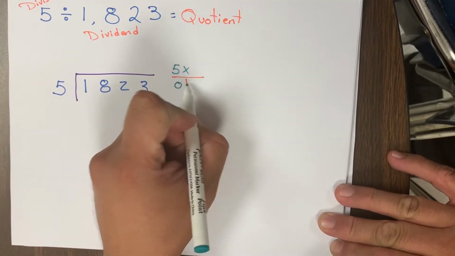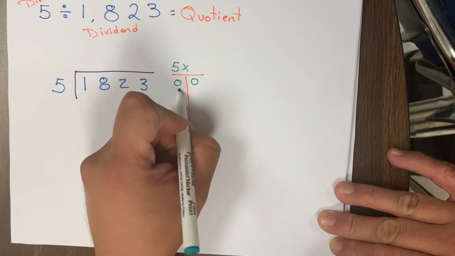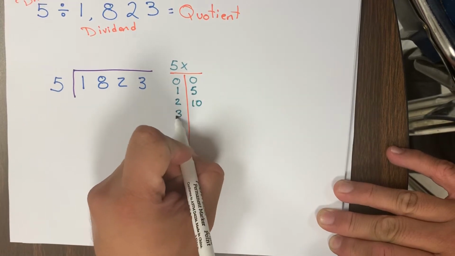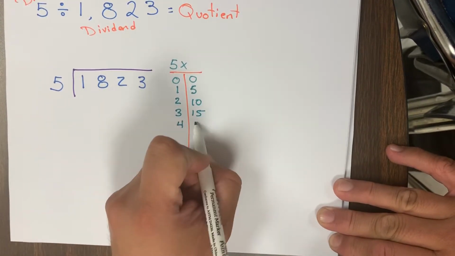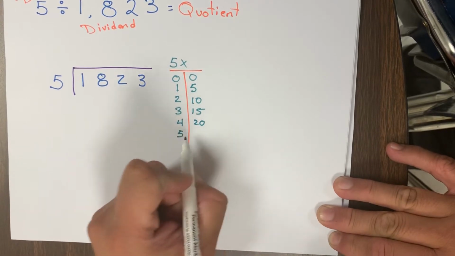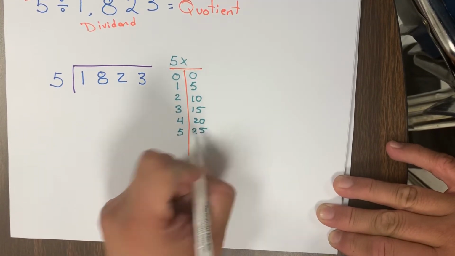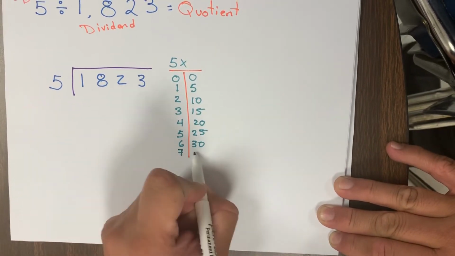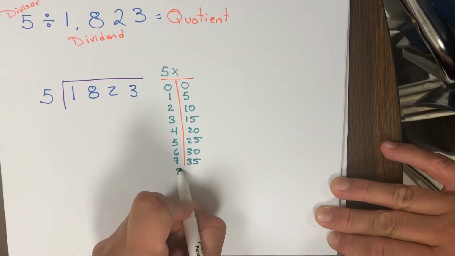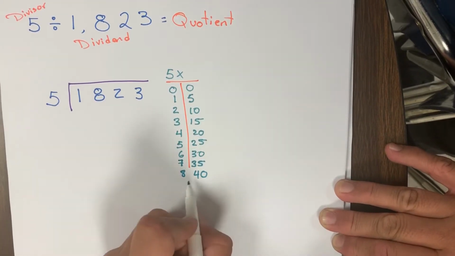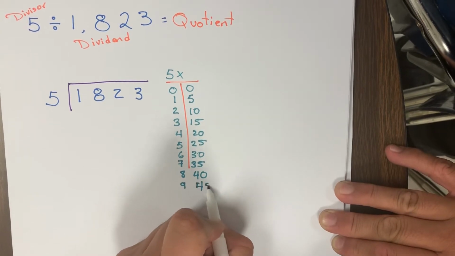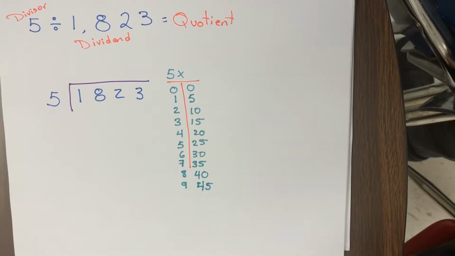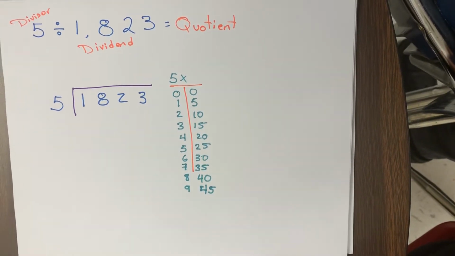So 5 times 0 is 0. 5 times 1 is 5. 5 times 2, times 3, times 4, times 5, times 6, times 7, times 8, and finally times 9.